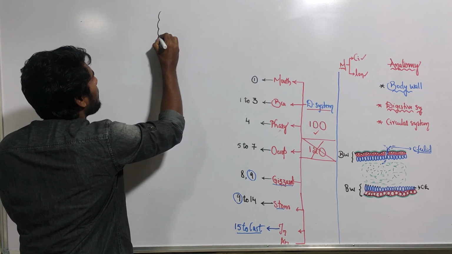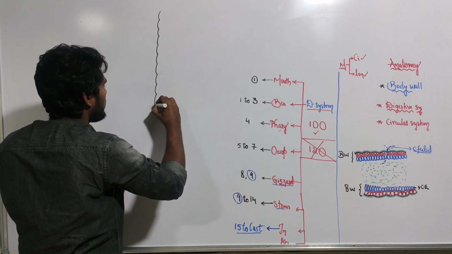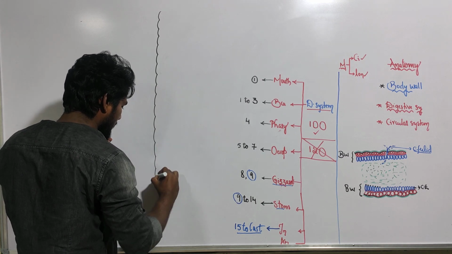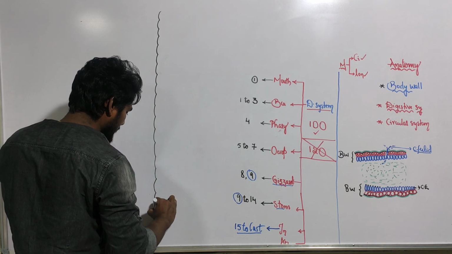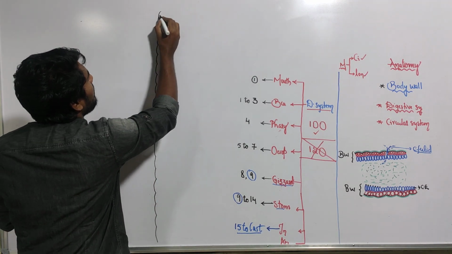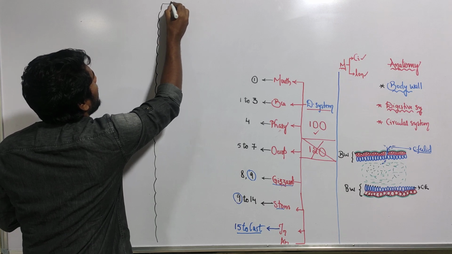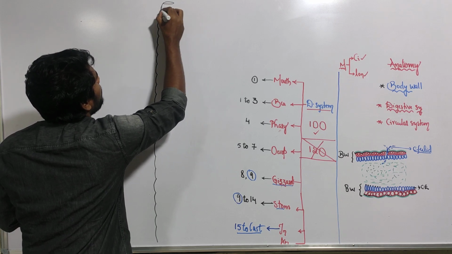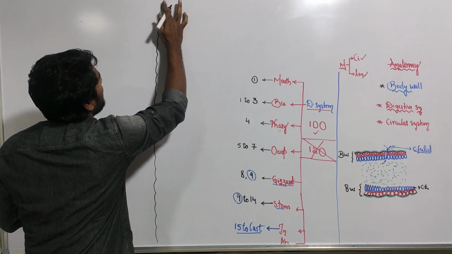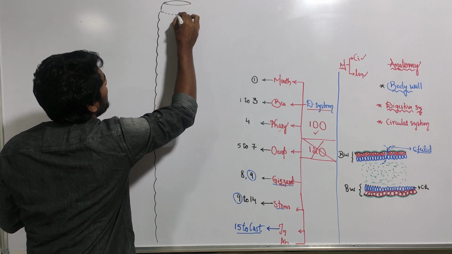Be careful. In this manner, here is the anterior opening. What is the anterior opening? The mouth, you know. And this is segment number 1. It is the anterior opening. For convenience, I am making it large.